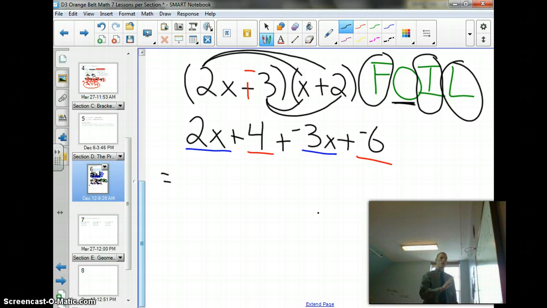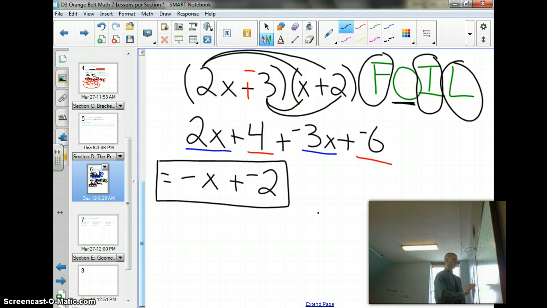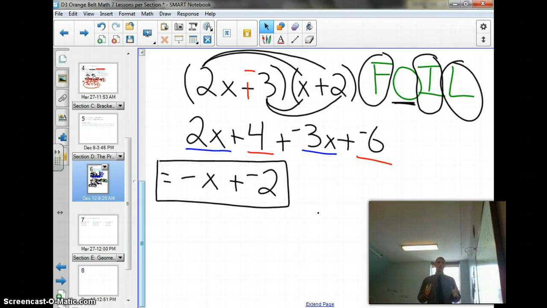So let's combine like terms. 2x plus -3x is just going to be -x, plus 4 plus -6 is just going to be -2. And that's as far as we can go. We put a box around our final answer and then we're done. So that is expansion: a plus b multiplied by c plus d, whatever those variables happen to be.